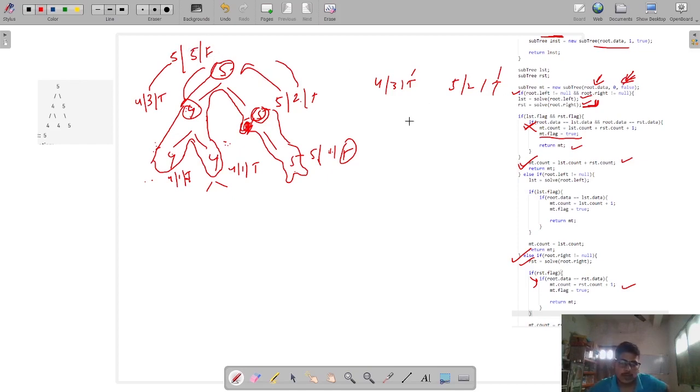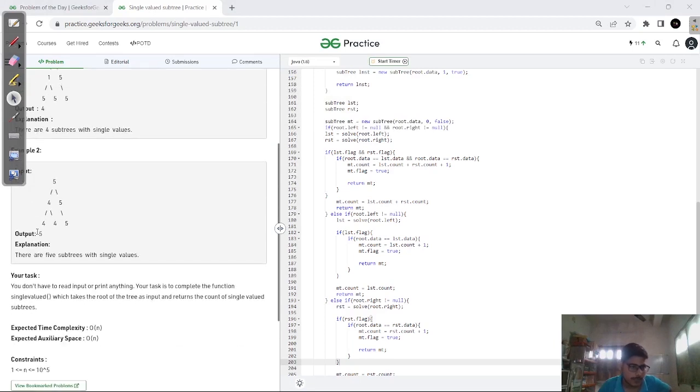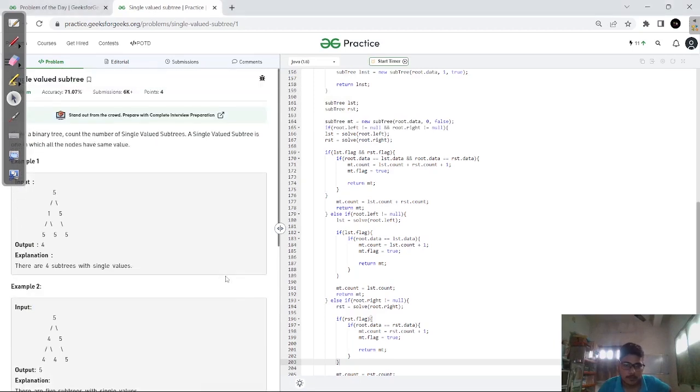So this function solve actually returns us 5 5 false. So I was returning count there, so count is the middle value, so the answer will be 5. So let's check the answer here. The answer was 5, right? So the answer was 5. So that's it. So see you in the next video.